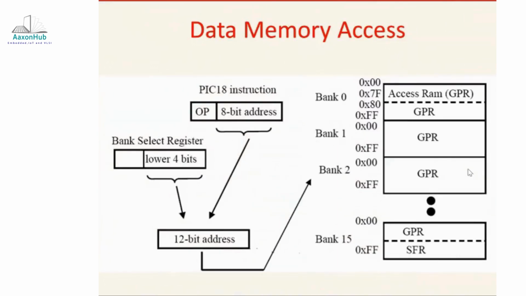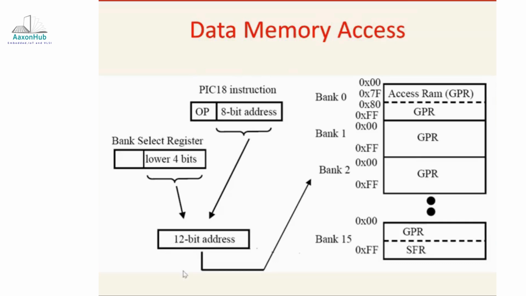Now, whenever you need access to the general purpose register as well as the special function register, how are you going to determine in which bank your data is there? Always keep in mind that the lower 4 bits of the bank select register, BSR, along with the PIC18 instruction opcode, which is 8 bits, combine to form the 12-bit address.